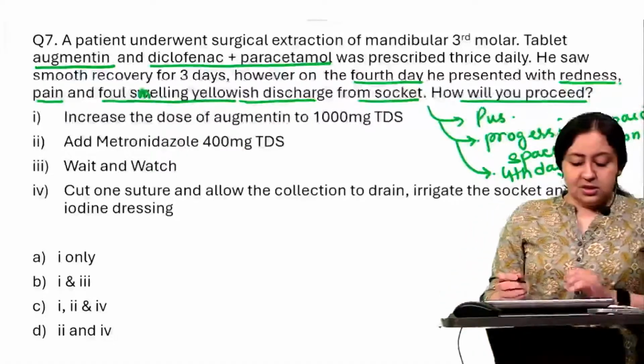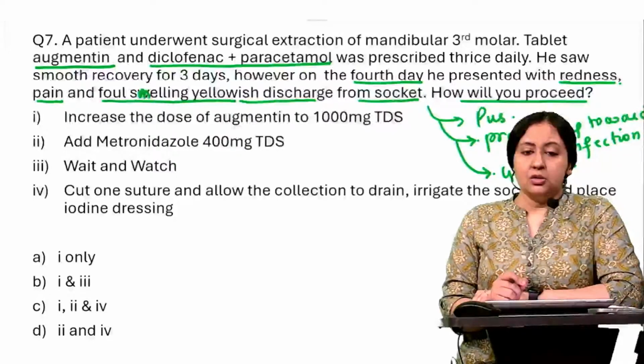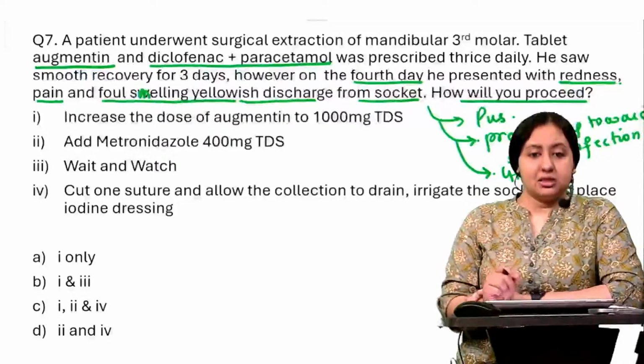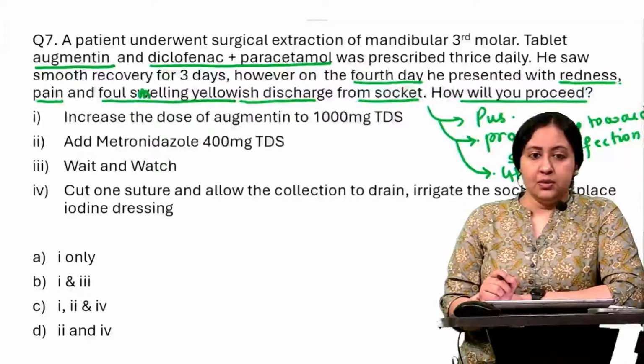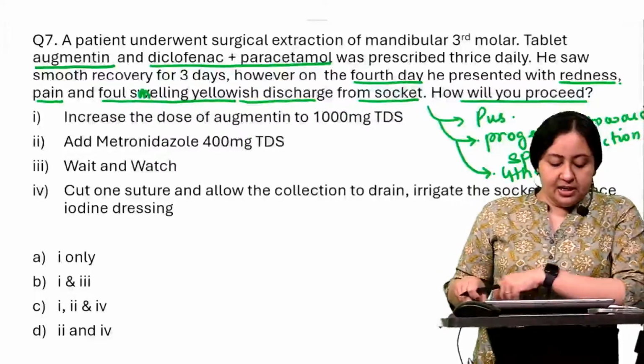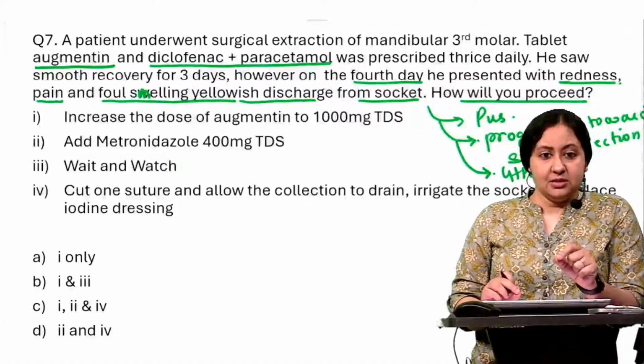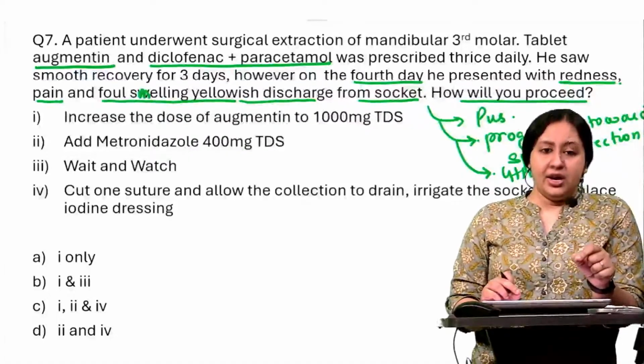So the first option says increase the dose of Augmentin to 1000 milligram TDS. The second option says add metronidazole 400 milligram TDS. The third says wait and watch.